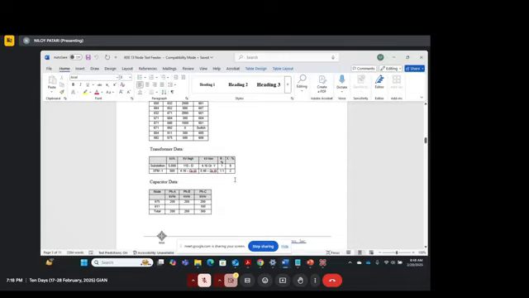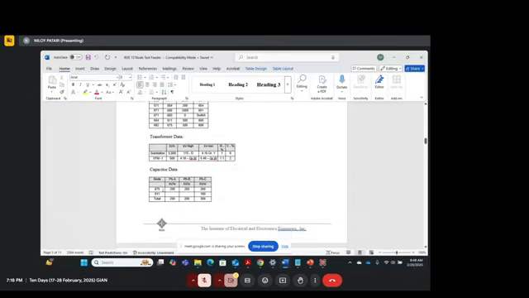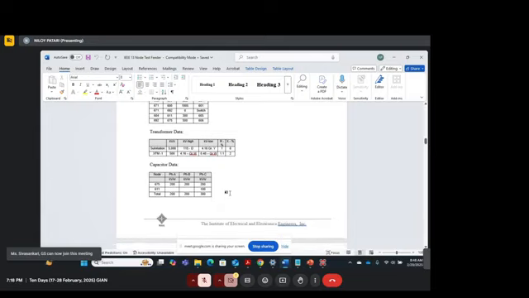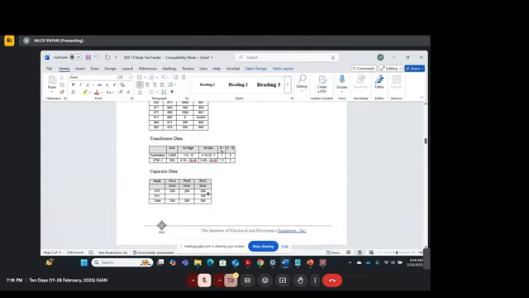Then you have capacitor data as well. You see that there are two capacitors which are connected in the system, right? Which are at 675 and 611, and it also shows what is the capacity of each of them. And I think 611 is a single phase node, so phase C is the only phase that you have at 611.